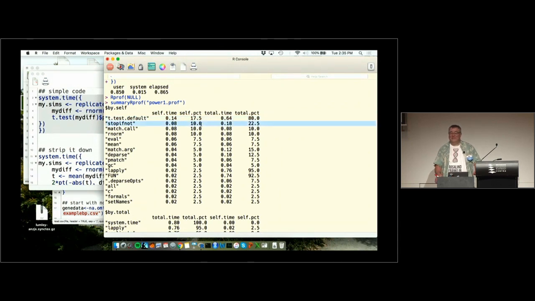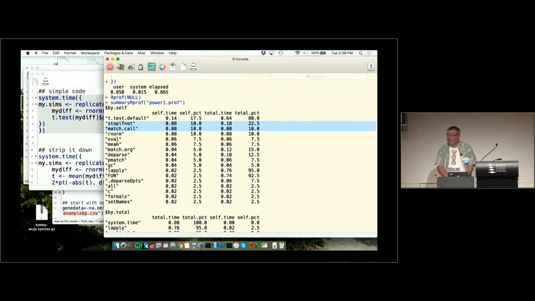We're spending 10% of the time in stopifnot, which doesn't seem like such a good idea. 10% in match.call, which again doesn't seem like such a good idea. 10% in rnorm makes sense. 7.5% in mean. But there does seem to be quite a lot of somewhat surprising overhead going on here.